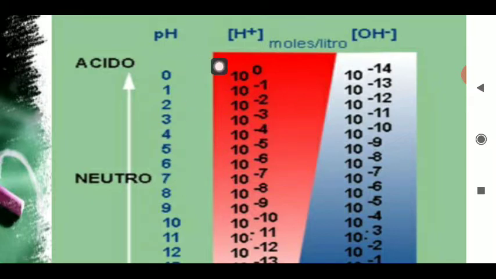For the acid, the pH is 0 and maximum up to 7. So between 0 to 7, the pH of the acid can be expressed in terms of this H positive ion: for 0, 10 to the power 0; for 1, 10 to the power minus 1; and up to 6, 10 to the power minus 6.